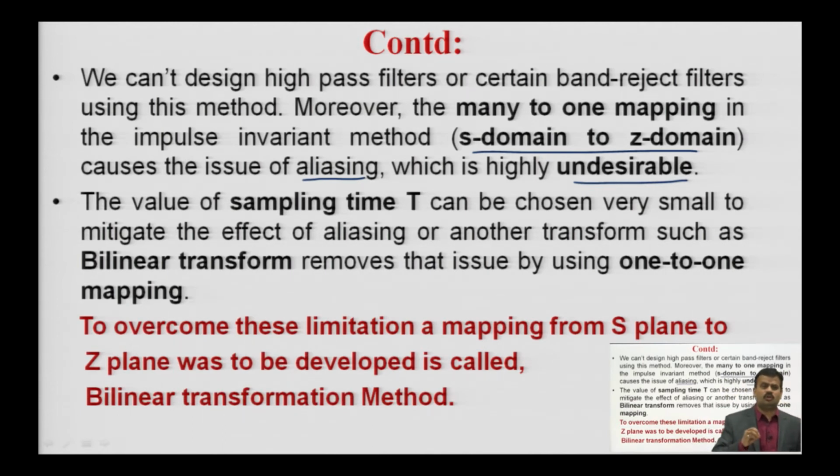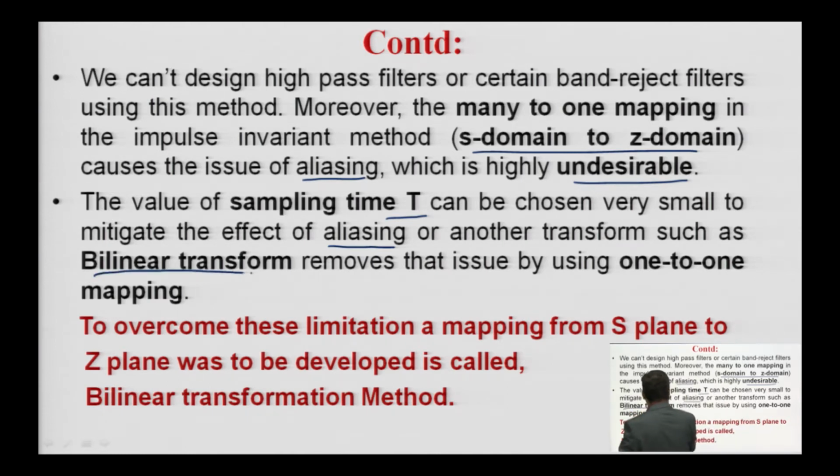So, with this many to one mapping limitation you will get aliasing, which is not desirable, okay. And the value of sampling time T that you choose has to be very small to mitigate the effect of aliasing, or use another transform such as the bilinear transform, okay, that removes the issue of many to one mapping. So, these are the limitations you have in the impulse invariant method.